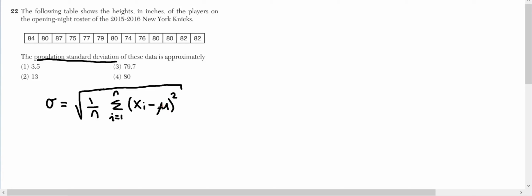So if we compute the population mean, we've got add up all these numbers. 84 plus 80 plus 87, 75, 77, 79, 80, 74, 76, 80, 80, 82, 82.